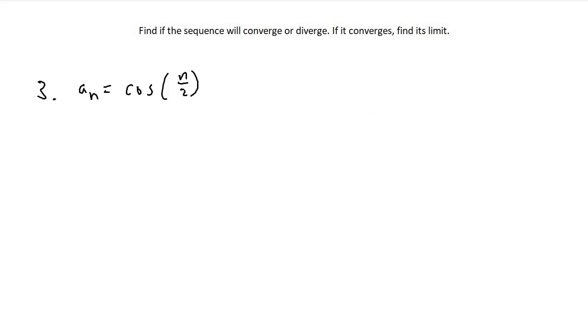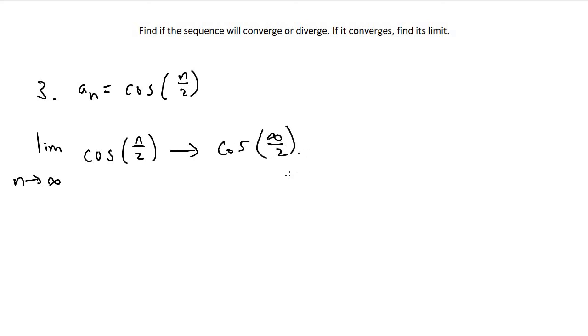So now let's say we have a sub n equals cosine of n over 2. So once again, limit notation. So the limit as n approaches infinity of our sequence, cosine of n over 2. So if I plug in infinity for n, then I'll get cosine of infinity over 2.